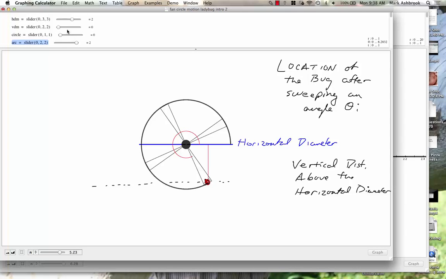So likewise, we can show the vertical diameter. Maybe I have to have the circle on. So we could show the vertical diameter, and we could talk about what quantity? Horizontal distance.